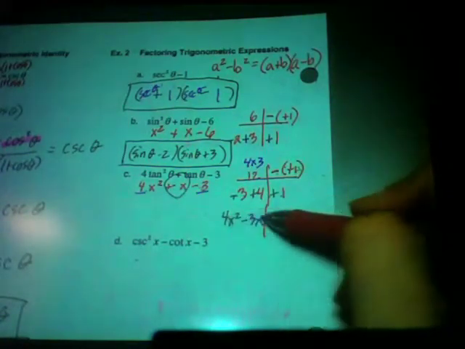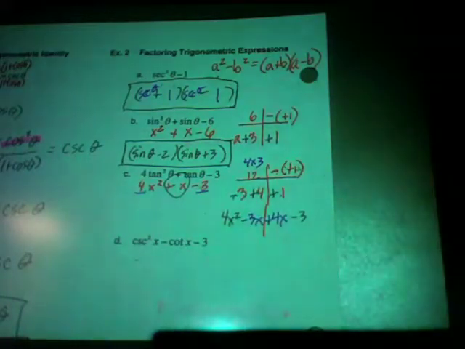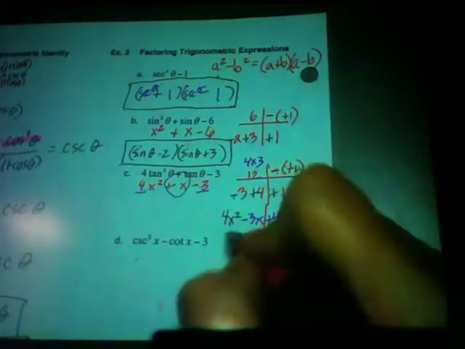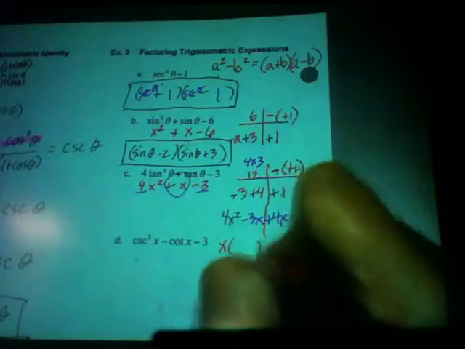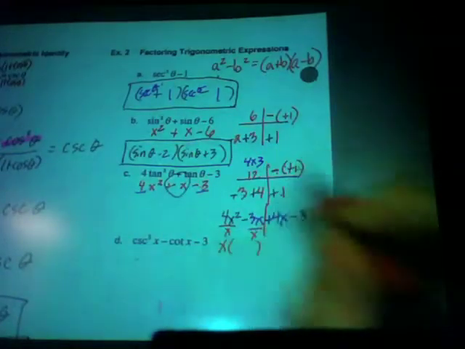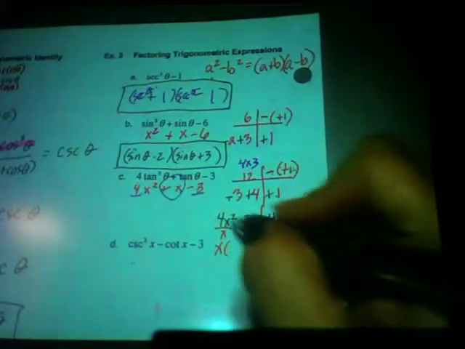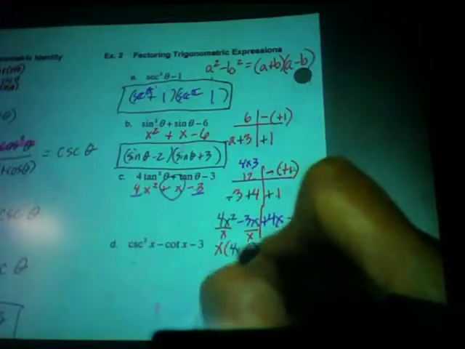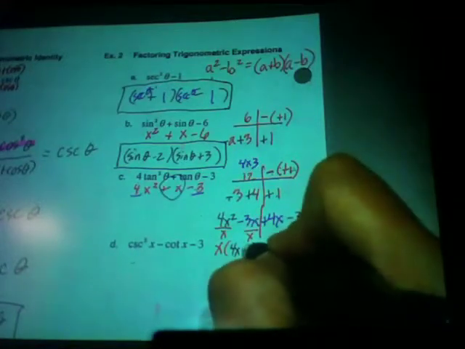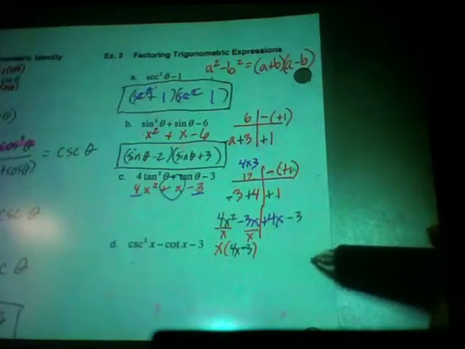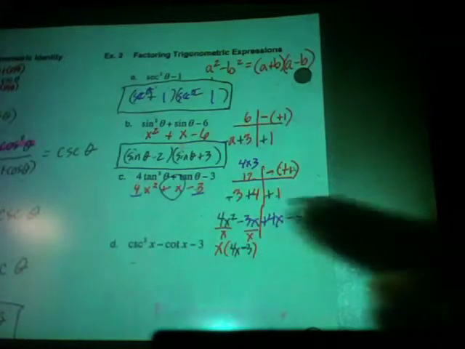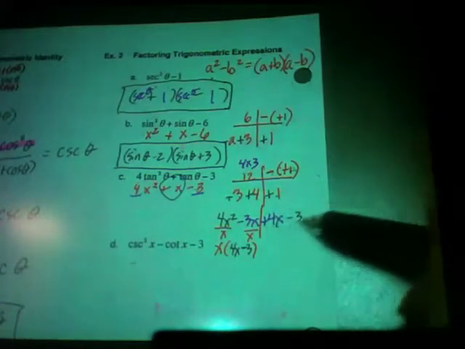What's the GCF in the first grouping? Just an x. Pull that out in front, divide each of these by x. What do you have left? 4x minus 3. So our other parentheses had better have what's left, a 4x minus 3. What are you going to pull out from here?